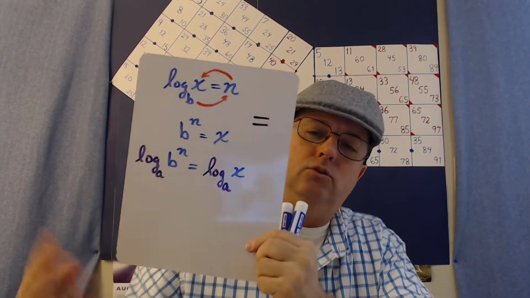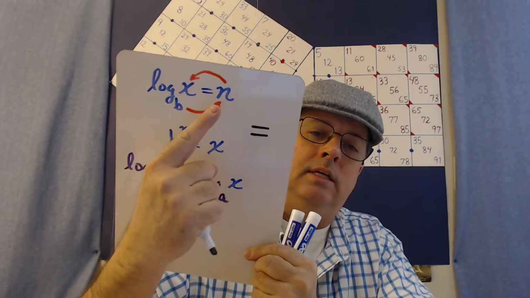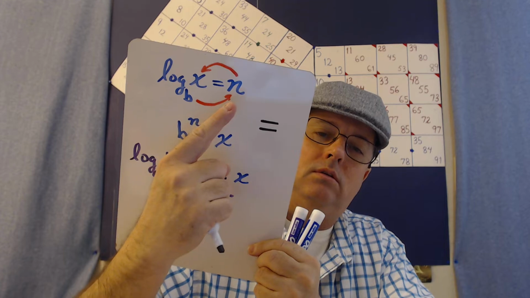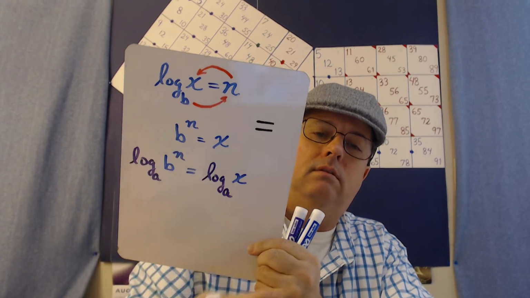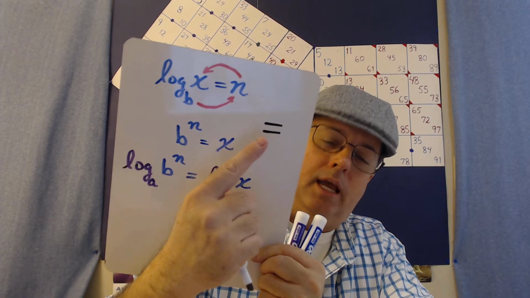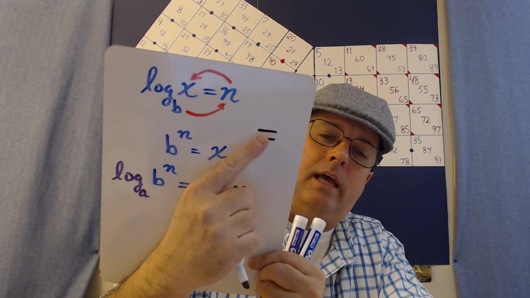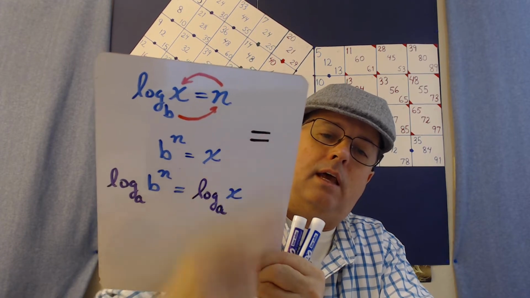It used to be something you'd have to write out. You would have to say the log base b of x is the same as, in words, n. But now we just put this equal symbol. And the equal symbol means is the same as, because that dash is the same as that dash. Somebody came up with it. It's pretty cool.